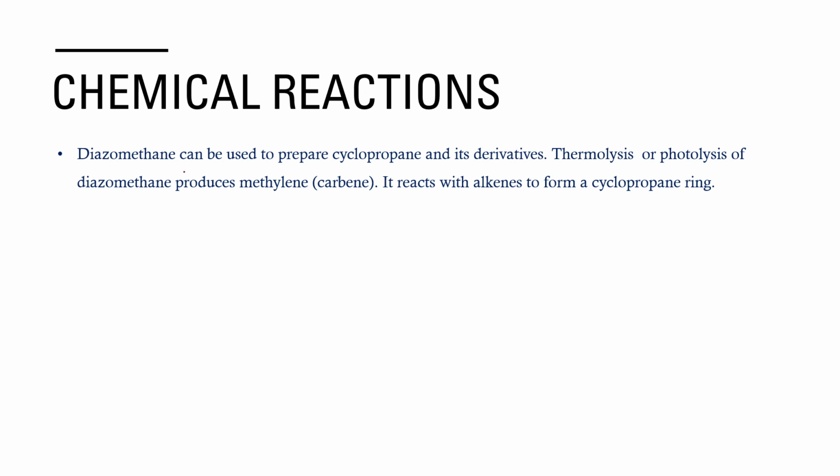So thermolysis or photolysis of diazomethane produces methylene, it's a carbene, and this carbene inserts into that alkene to create a cyclopropyl ring. For example, the reaction goes like this, CH2 minus N≡N plus, and suppose you heat this, or you use sunlight, electromagnetic radiation, so this will split and we will get a carbene, this is known as a carbene plus N2.